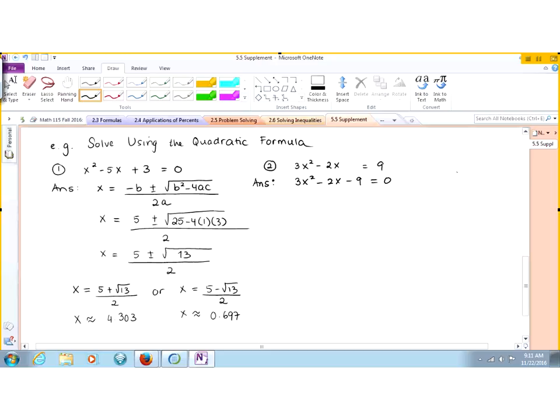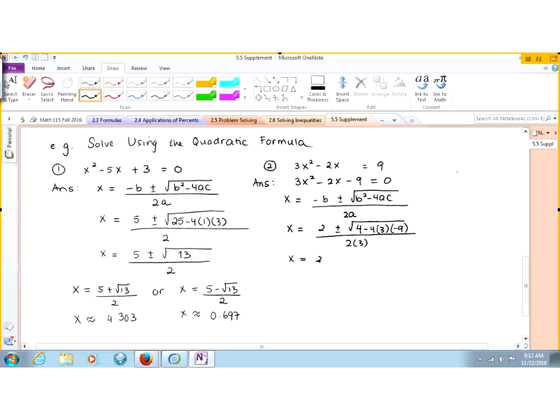All right. So this is in standard form. So what is x equal to? Negative b plus or minus the square root of b squared minus 4ac, and then all over 2a. Yes. Okay. So negative b, what is negative b? 2 plus or minus the square root of b squared, which is 4, minus 4 times 3 times negative 9, divided by 2 times 3.